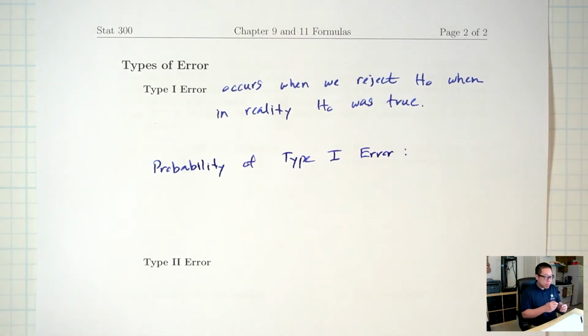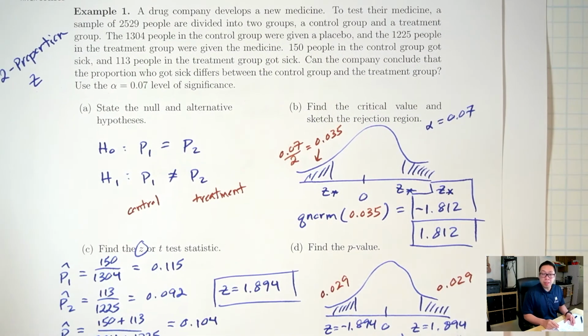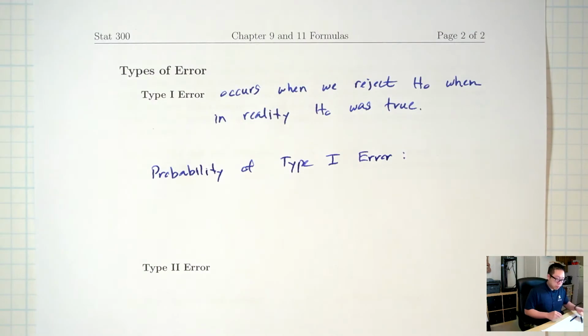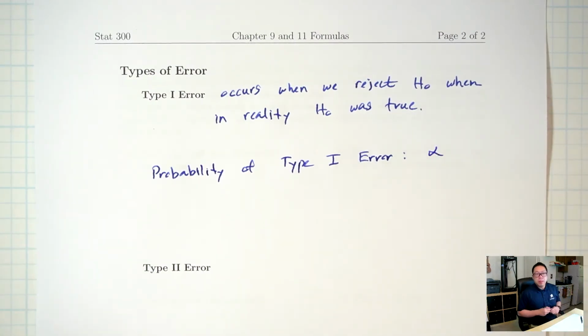The probability of a type 1 error is actually the alpha, the significance level. Okay? And obviously, we usually don't want to make a mistake, right? So how do we reduce the probability of a type 1 error?